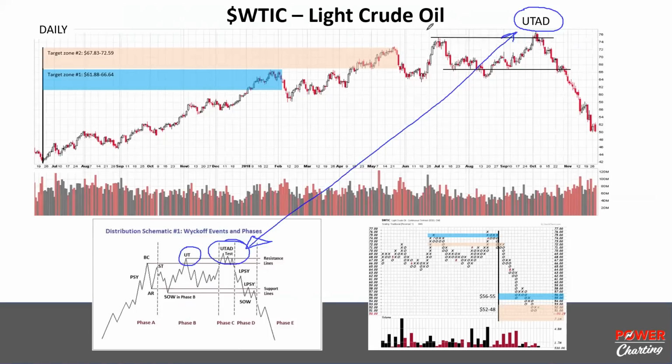What that means is that all of the trading that preceded that was distribution in nature and was selling by large interests. This led to a little climactic surge, and following the upthrust itself, there's a test. This test is a failing test that leads to a serious decline.